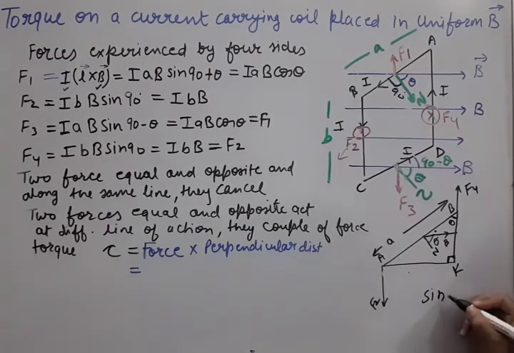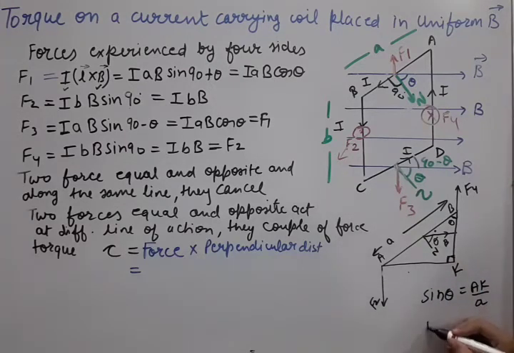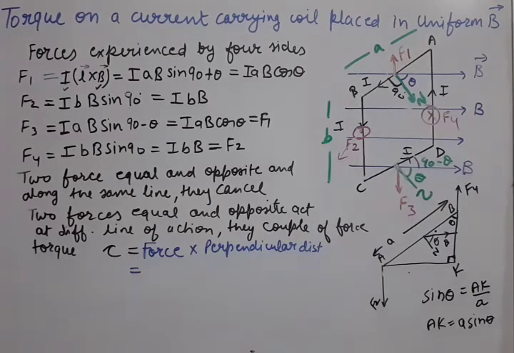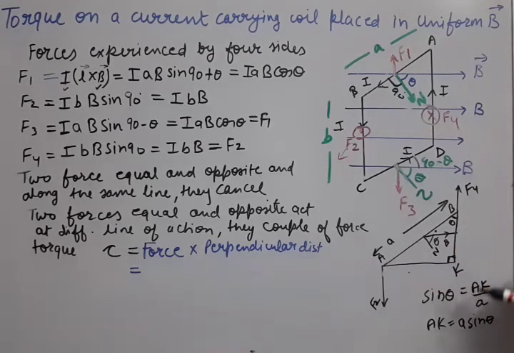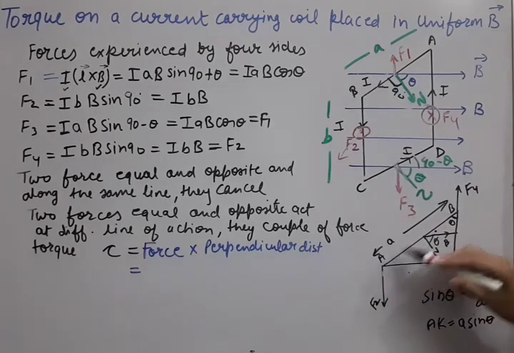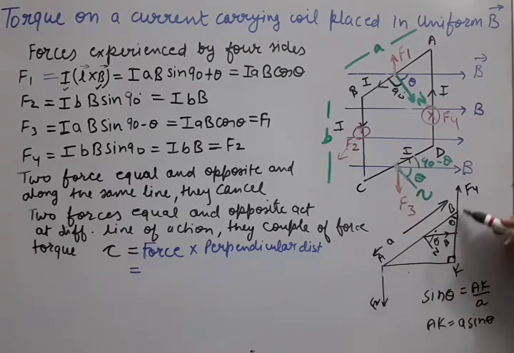So sine theta is equal to perpendicular, that means AK, upon hypotenuse, that means A. So the AK value will be obtained as A sin theta. I need to put this in the torque formula. So I think you have understood. The side opposite theta is the perpendicular, which we have to solve. So we applied the sine theta formula, perpendicular upon hypotenuse. The hypotenuse is the side opposite the 90 degree angle in this bigger triangle. Okay, so the AK value will be obtained as A sin theta.